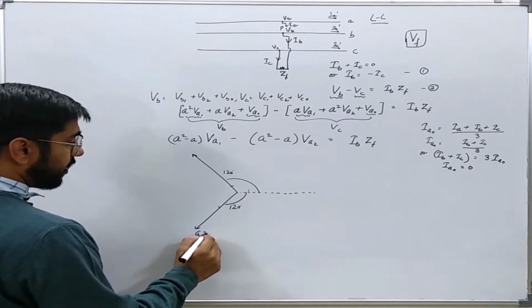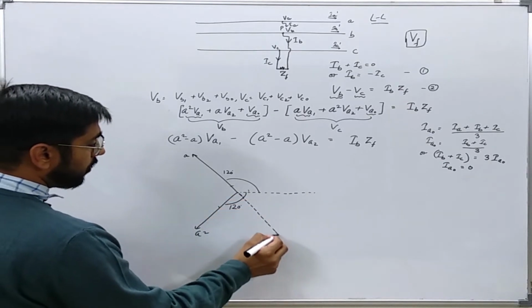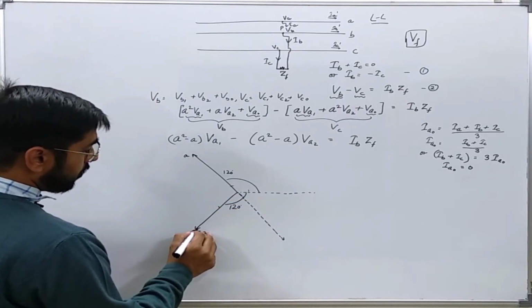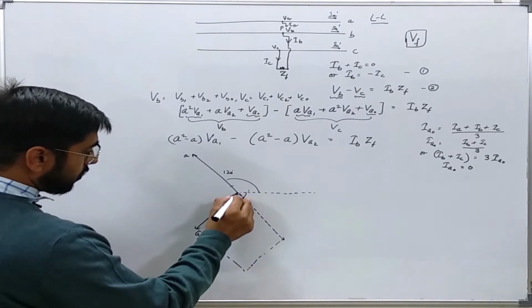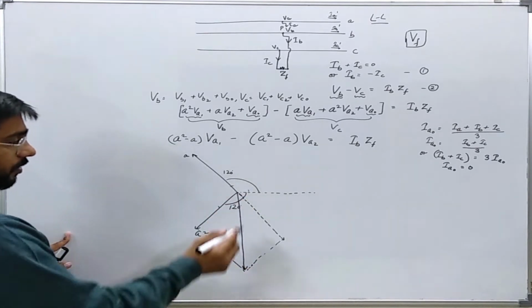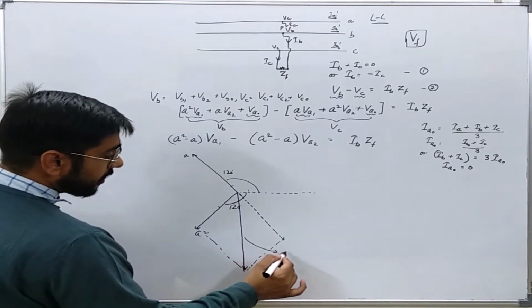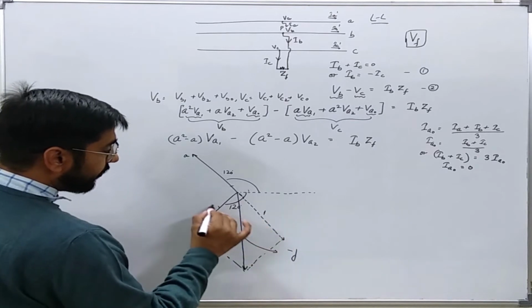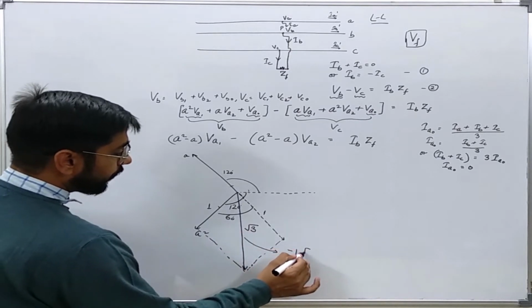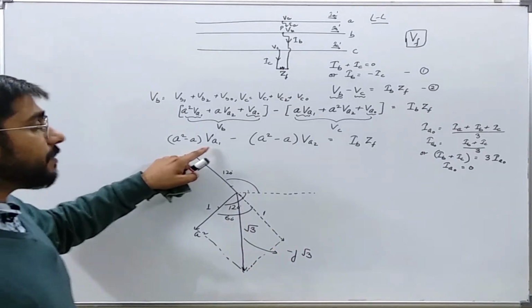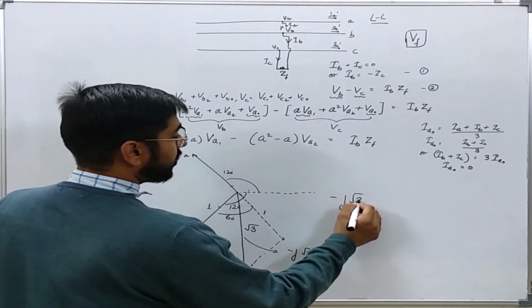So this is A square and this is A. A square minus A will be this value. Now from this diagram we can clearly see that this is minus J, and if it is 1, this is angle 60 degrees, then it will be root 3. So A square minus A is nothing but minus J root 3.